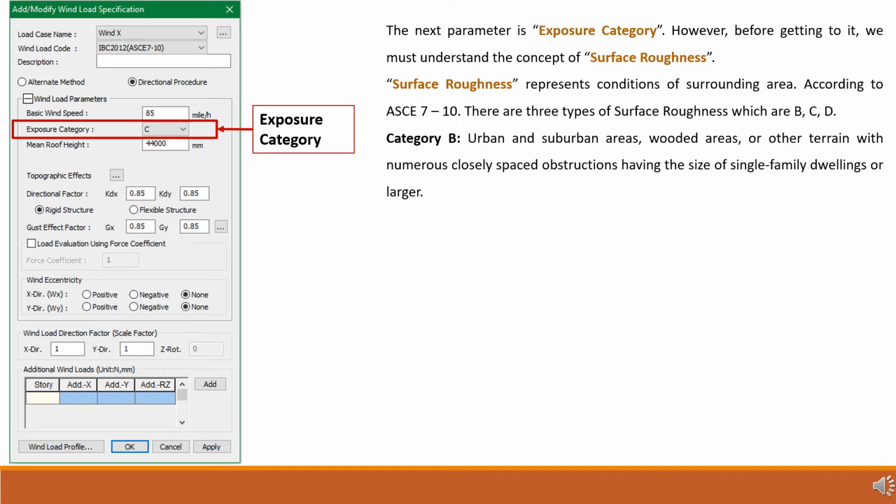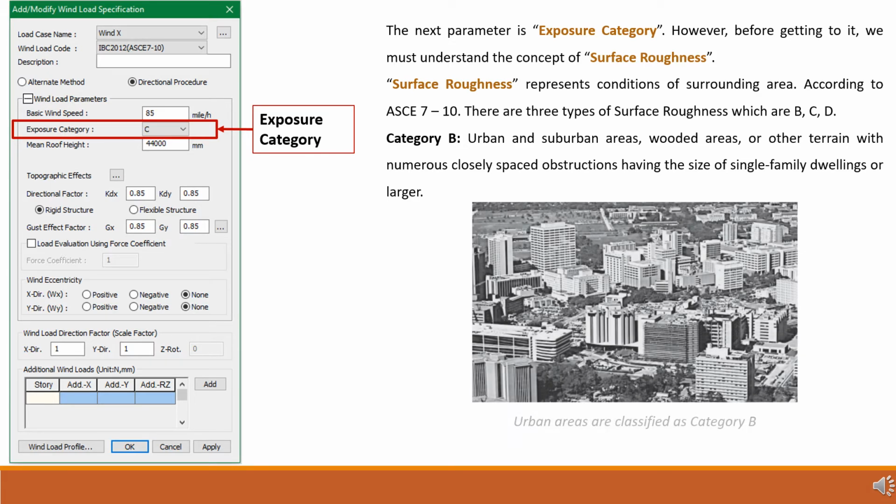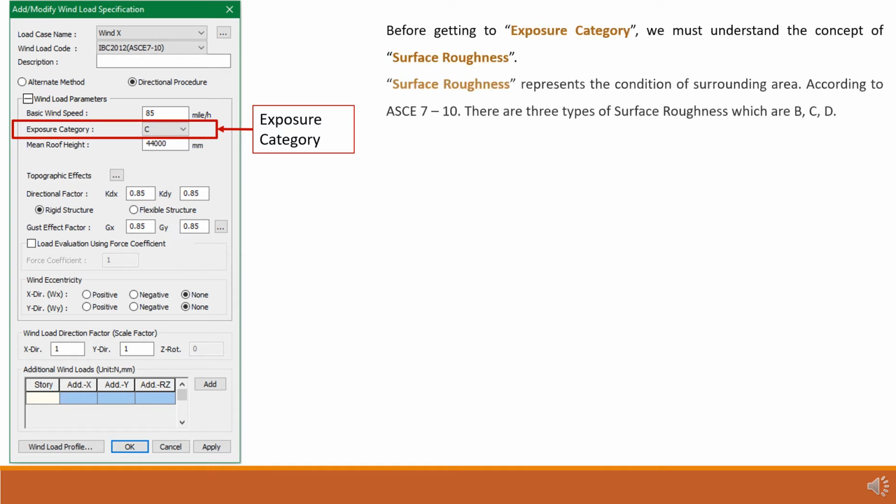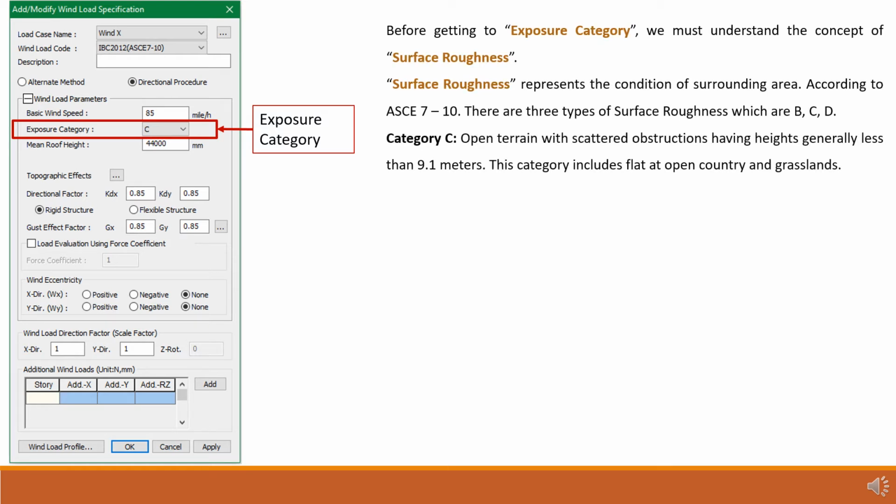Category B – Urban and suburban areas, wooded areas, or other terrain with numerous closely spaced obstructions having the size of single-family dwellings or larger. Category C – Open terrain with scattered obstructions having heights generally less than 9.1 meters.